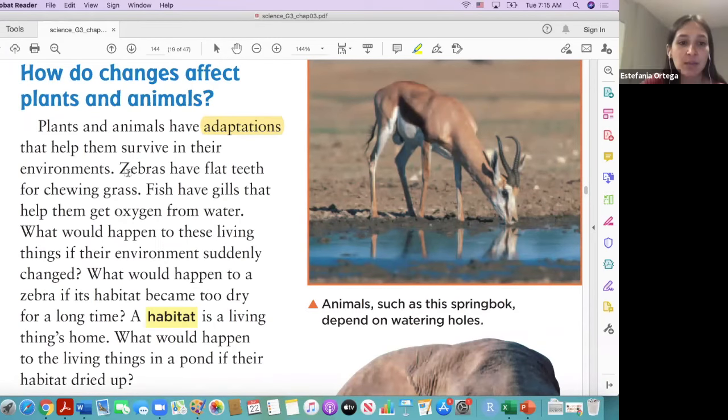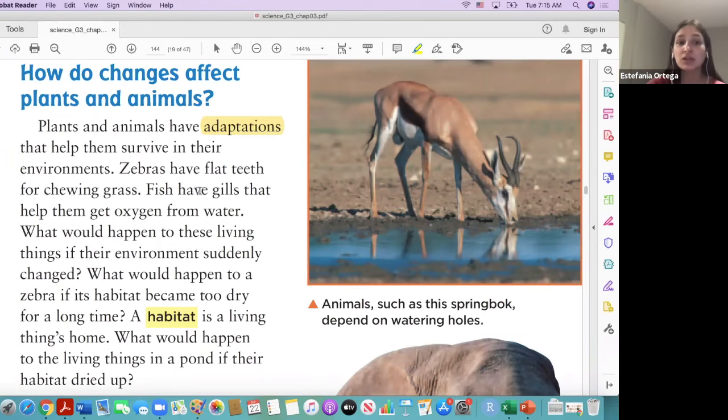An example is the flat teeth that zebras have. They have them so they can chew whatever is around them, right? Because if they had super sharp teeth and weren't able to eat meat, then what would be the purpose of those sharp teeth? So they need to have things that help them around where they live.